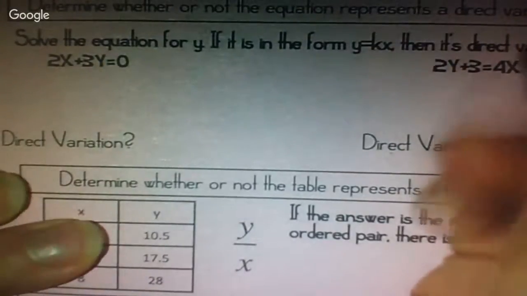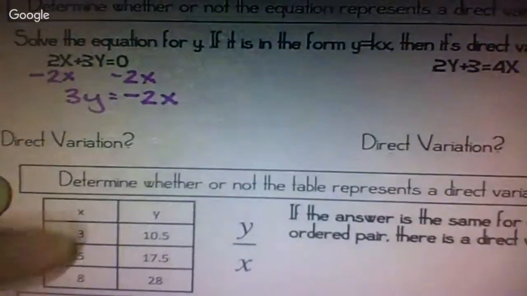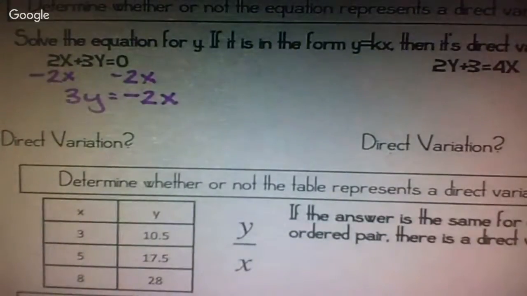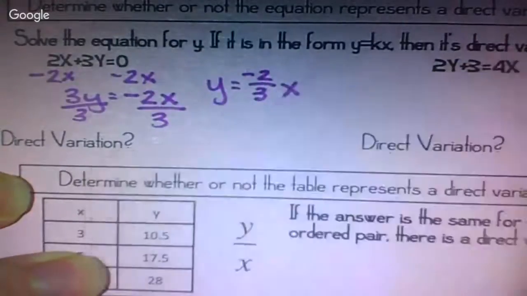Move 2x by subtracting. So we get 3y equals negative 2x. Divide by 3. So y equals negative 2/3 x.